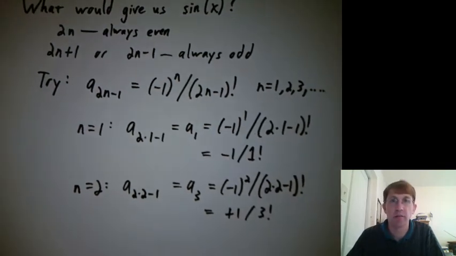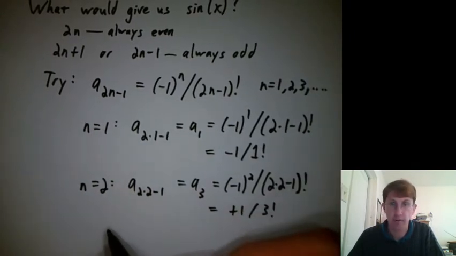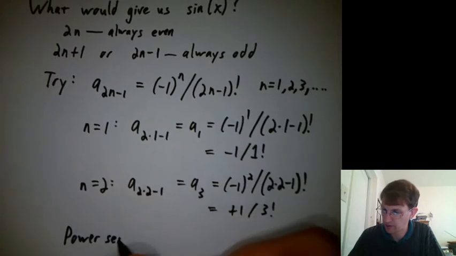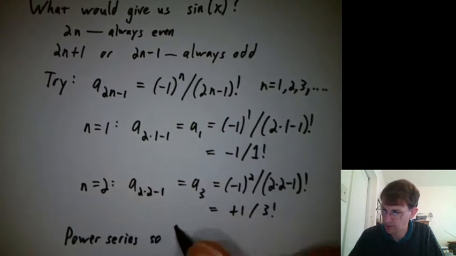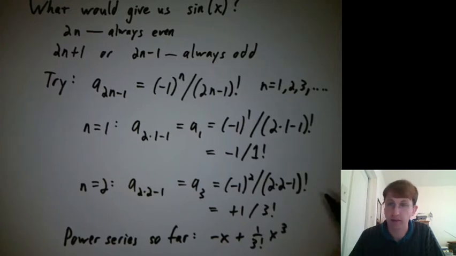Is this ending up giving us what we remember for sine? So let's write what our power series is so far. It's negative x plus positive 1 over 3 factorial x cubed.